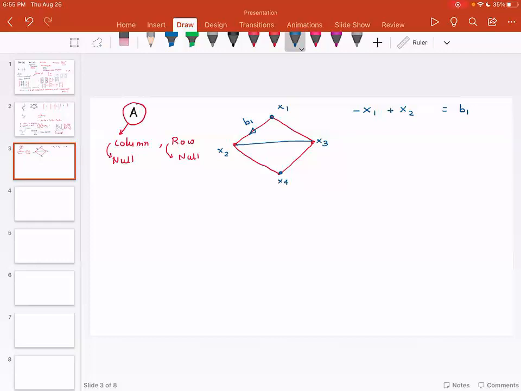Basically my matrix will have rank 3, which means the number of independent columns will be 3. And that is what is explained in the loop and the tree. As soon as you have a loop, you lose independence. If you have a tree, the representation has independence.